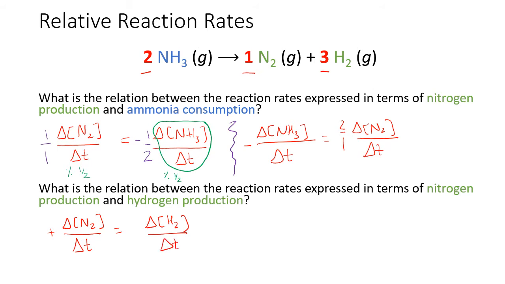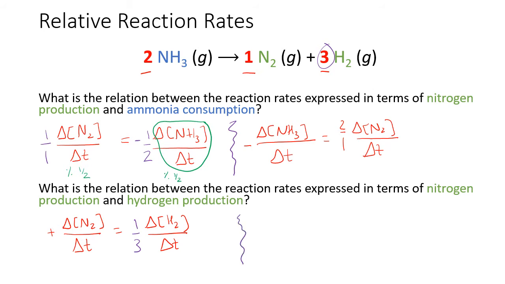And there's a coefficient of 3 out in front of our hydrogen, so we throw a 1/3 out in front of our fraction. So right now this is solved in terms of the nitrogen. The nitrogen gas will be produced at 1/3 of the rate of the hydrogen gas, or the nitrogen will be produced 3 times slower, however you want to say that.